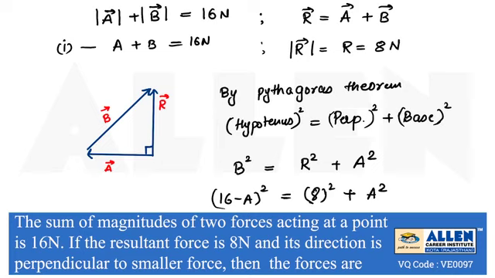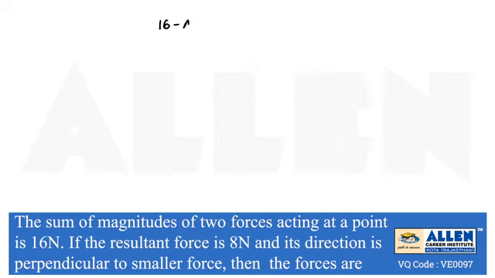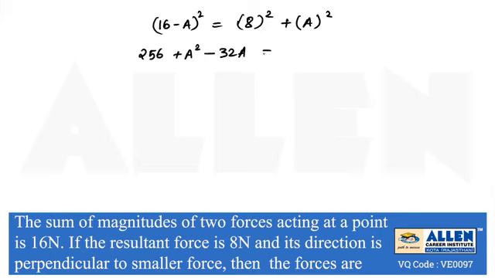Now we solve this equation: (16 minus A) whole square on the left hand side, 8 square plus A square on the right hand side. On solving we get 256 plus A square minus 32A equal to 64 plus A square. A square from the left and right hand side will cancel each other, and we get 32A equal to 256 minus 64, which is 192.